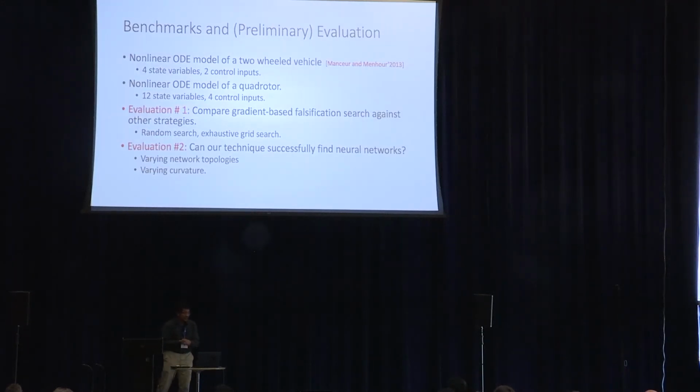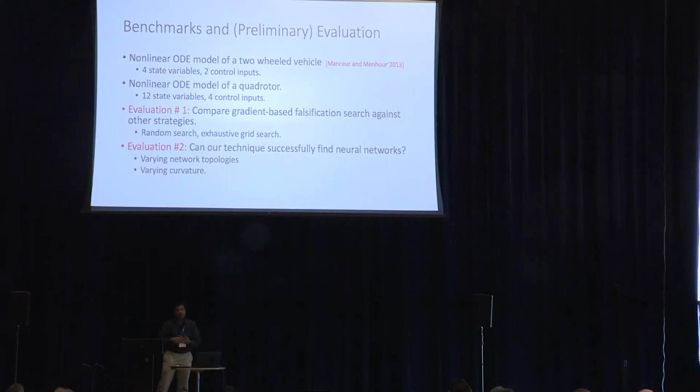So some benchmarks and preliminary evaluations. We tried a 2-wheeled vehicle with 4 state variables and 2 control inputs, and a nonlinear ODE model of a quadrotor with about 12 state variables and 4 control inputs. We did an evaluation of our gradient-based falsification search against other strategies, including just random search or just an exhaustive grid search of the space of initial conditions and disturbances, which was quite exhaustive and didn't finish in many cases.